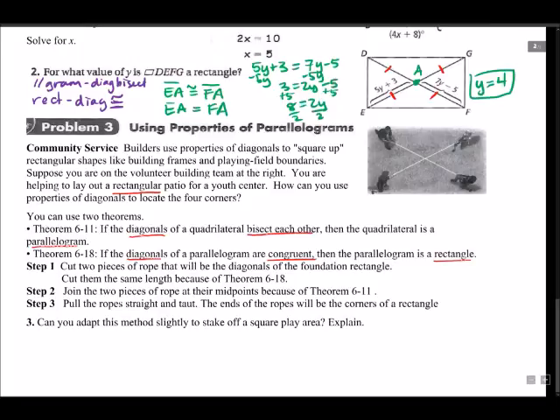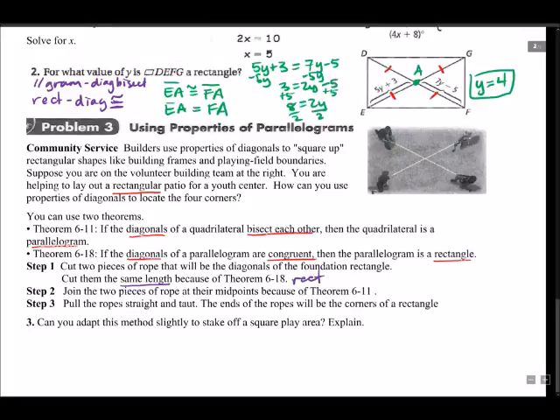So the first thing that we do is we cut 2 pieces of rope that will be the diagonals, and we make them congruent. We cut them the same length. So we take our 2 pieces of rope and we make sure they're the same length, because that is going to give us a rectangle.